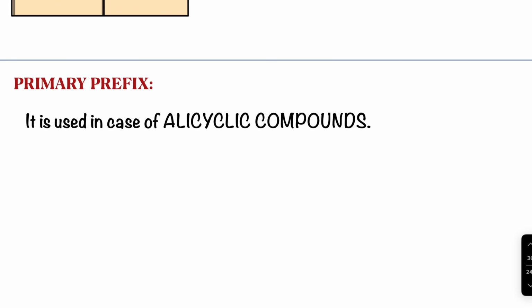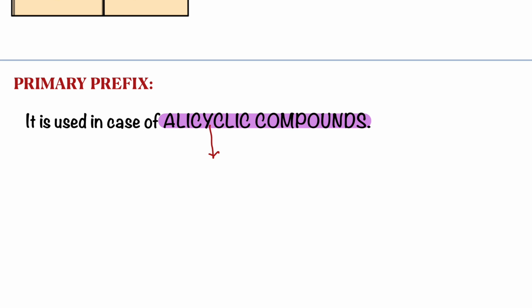And finally, we have primary prefix. This primary prefix is used only in case of alicyclic compounds. Only for cyclic compounds we use it, not acyclic, and not for aromatic compounds.